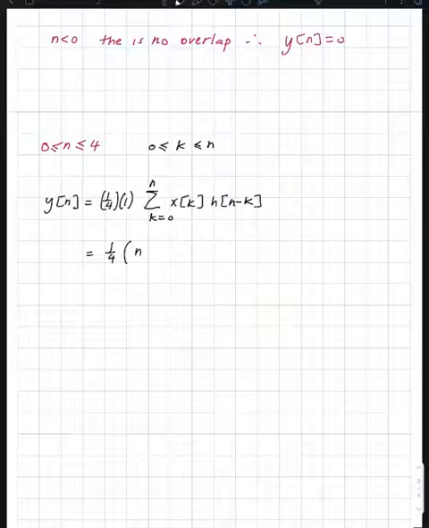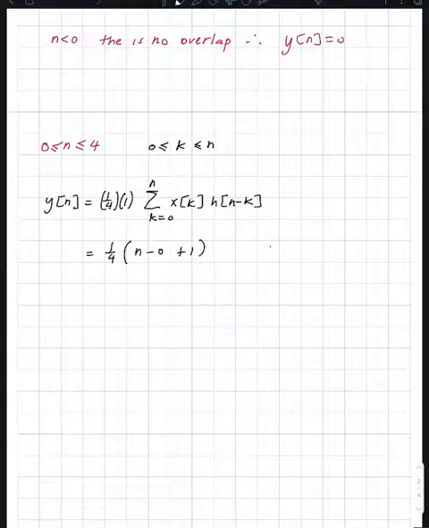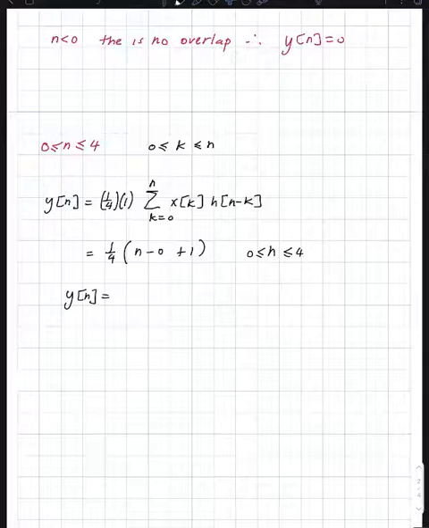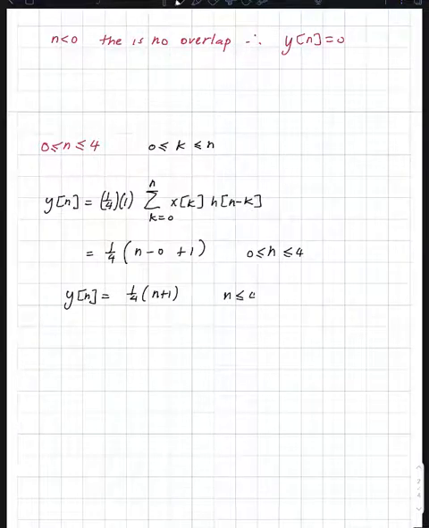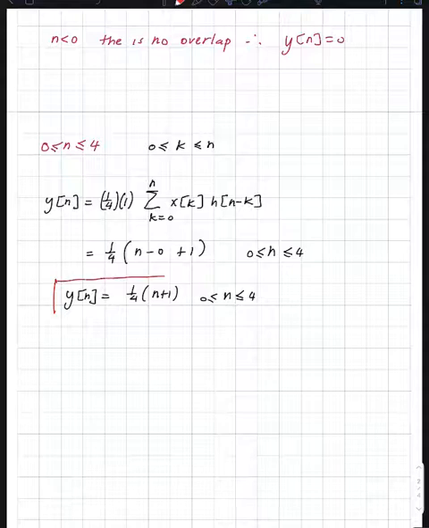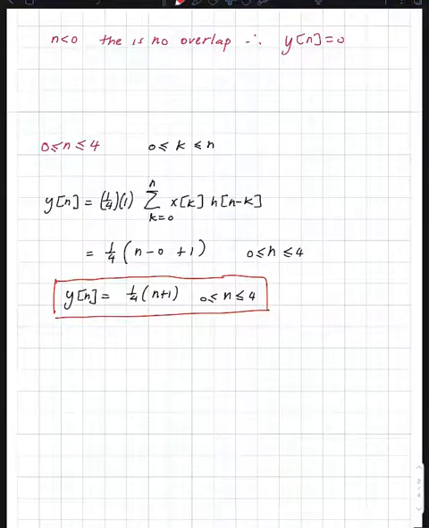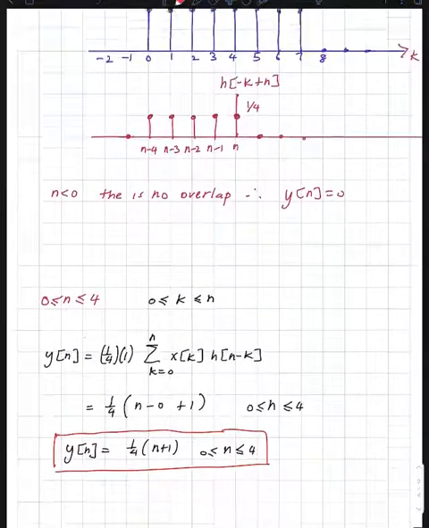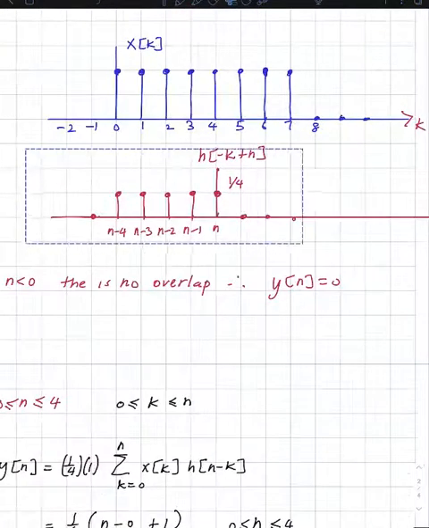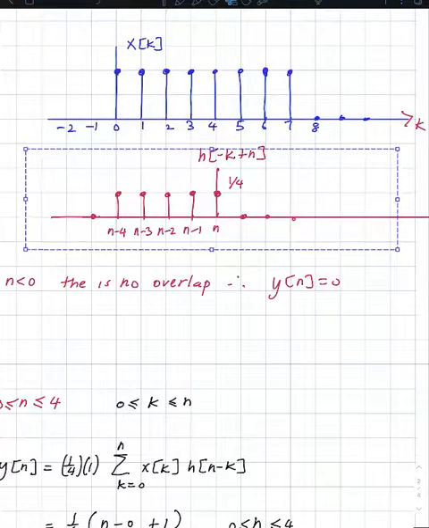Calculate that: upper limit of k minus lower limit, plus 1, for this range of n. So that's going to give you y[n] equals 1/4 (n plus 1).